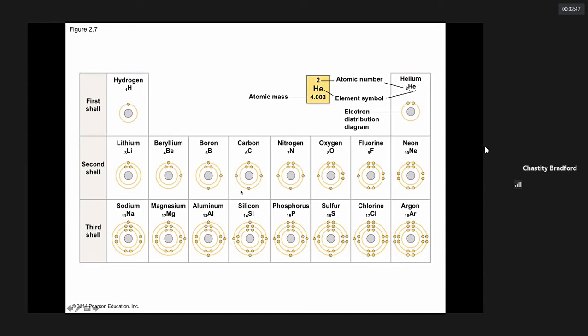Dana Dozier, how many electrons are in boron's outermost shell? Can you hear me? Amaya Champion, how many electrons are in carbon's outermost shell? 6. Nope.